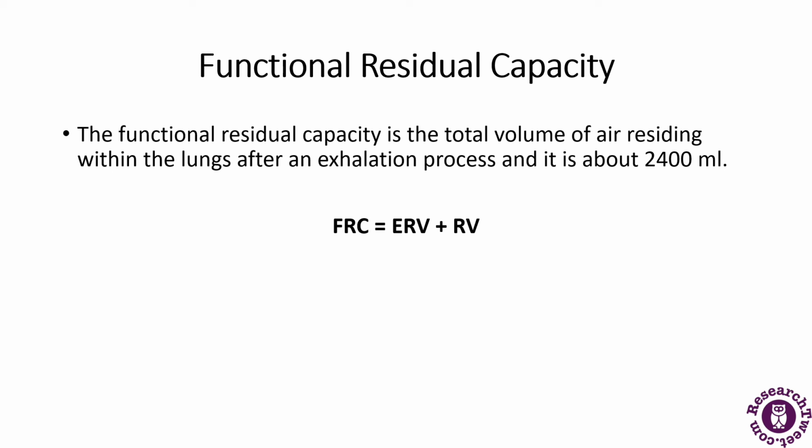Now there is the functional residual capacity, which can be represented as FRC. It is the volume of air that remains in the lungs after a normal expiration. It includes the expiratory reserve volume and the residual volume.